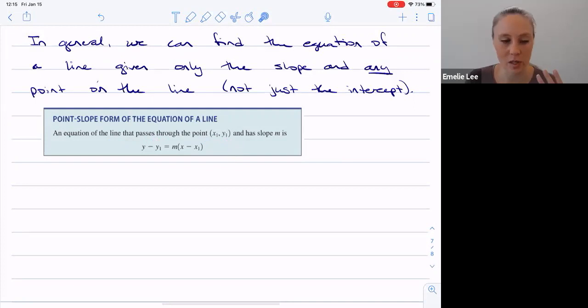We still need to know the slope, since y equals mx plus b means we have to have a y and an x. And so y minus y1 is the slope times x minus x1, where x1 and y1 come from the point that we're given. Now, if we use the point 0, b, the y-intercept, then we'll arrive at y equals mx plus b.